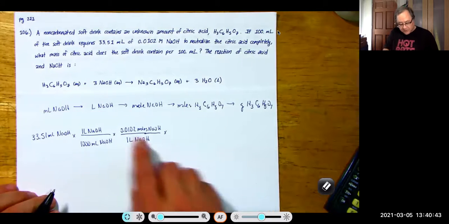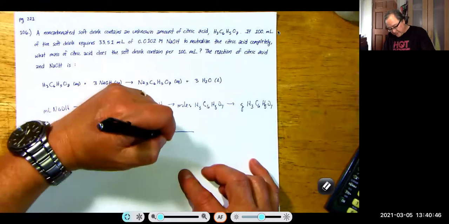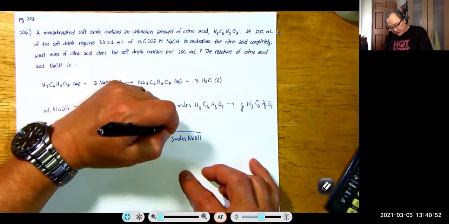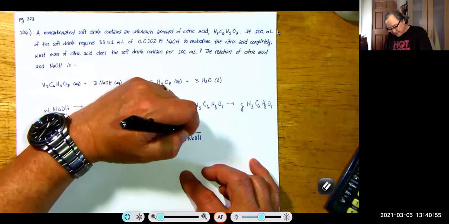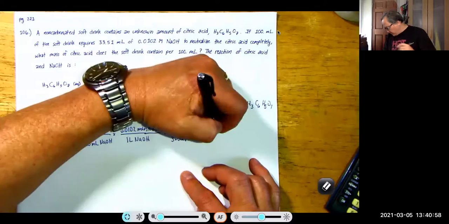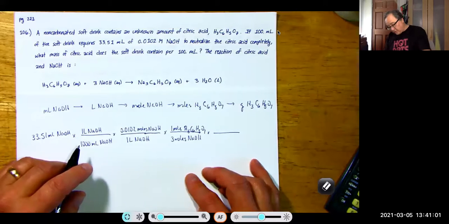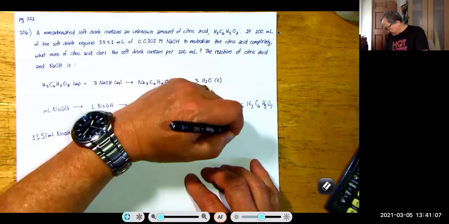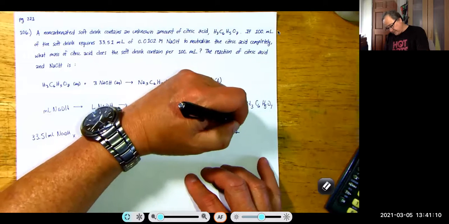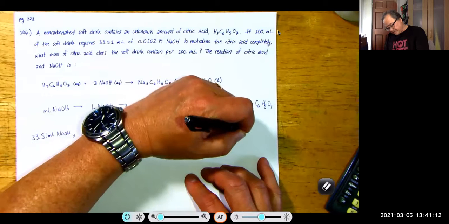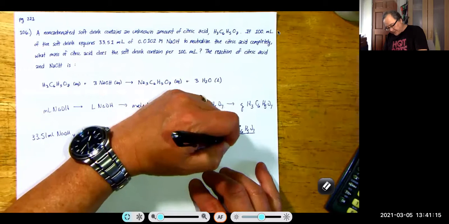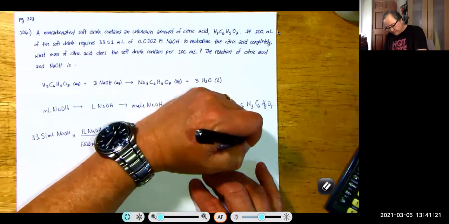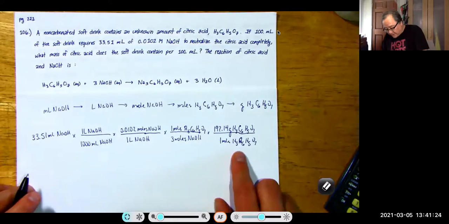We know that the mole ratio is 3 moles of sodium hydroxide per 1 mole of citric acid. And we know that the molar mass of citric acid is 192.14 grams of citric acid per 1 mole of citric acid. So that's supposed to be a carbon right there.